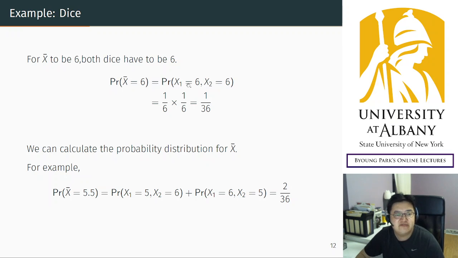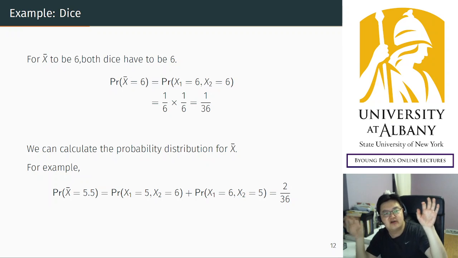Each of the dice has a 1/6 probability for this, and they are independent. Two dice are independent, so you can multiply those two probabilities. Statistical independence implies we are considering the probability that the first dice has 6 and the second dice has 6 at the same time.